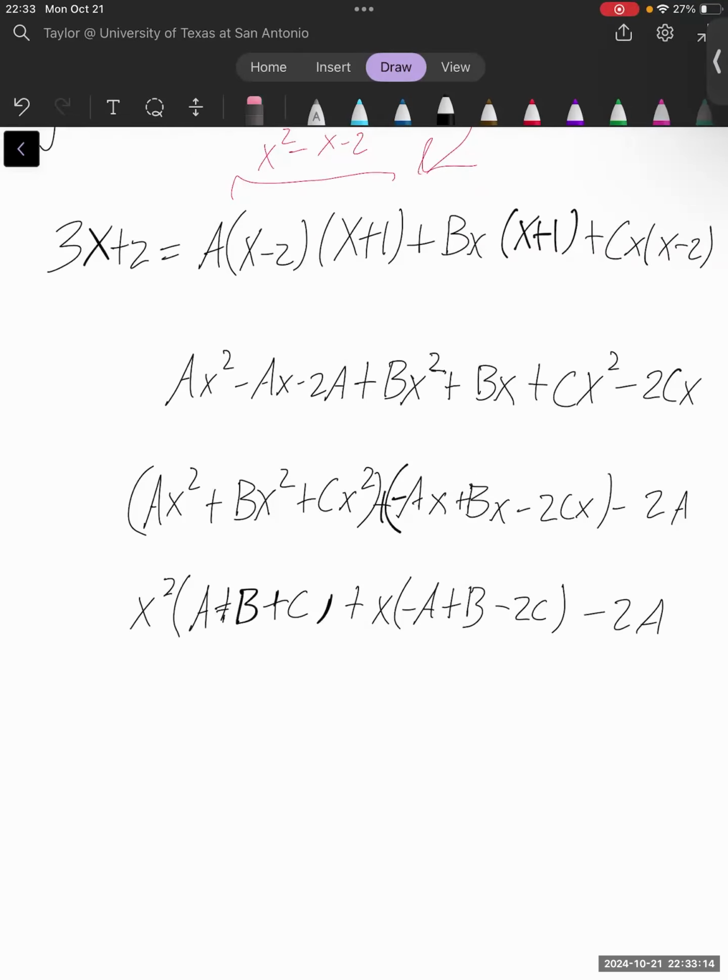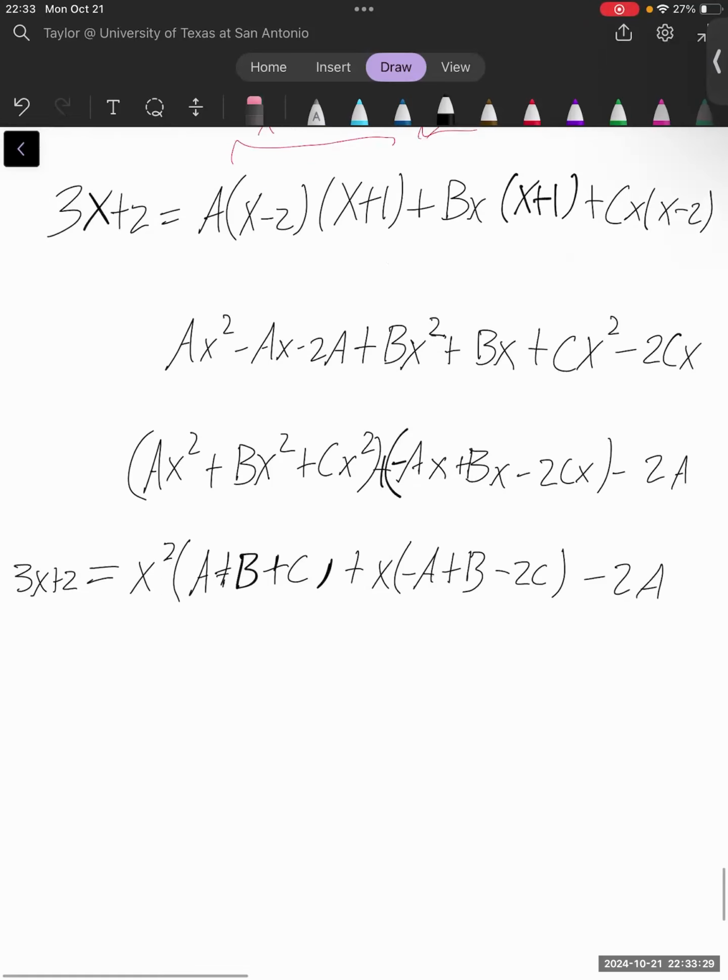And then solving the system of equations, the way we set this up, we have 3x plus 2, right? This is how I did it in differential equations, just to give you guys a little tip on something I used to do. We have an x squared column, an x column, and a constant column, and we don't have an x squared term here.